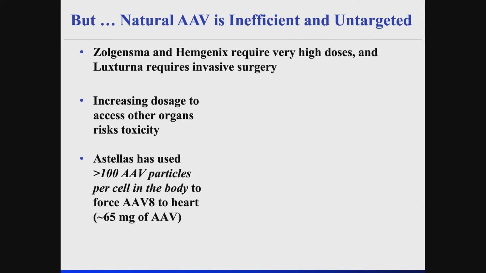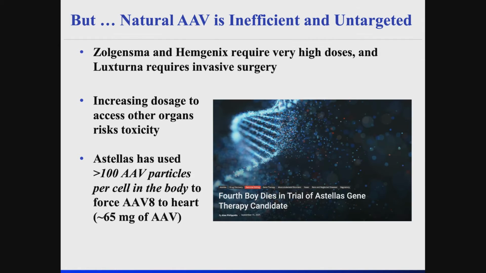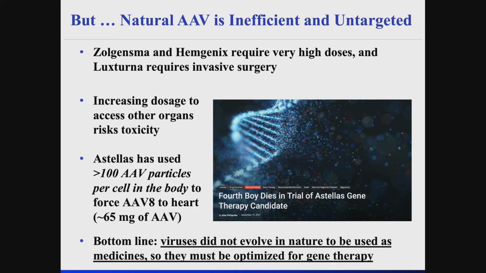So AAV is non-pathogenic, it's quite stealthy, does not typically elicit a strong immune response, but if you're administering that much material, 65 milligrams of virus to a patient, the immune system begins to notice it. And unfortunately, this led to significant adverse events, immune responses to virus that had been delivered or off-target localized to liver. And this led to several deaths within a clinical trial.